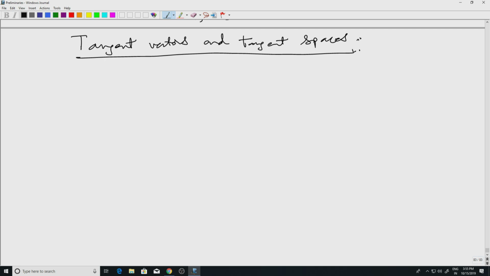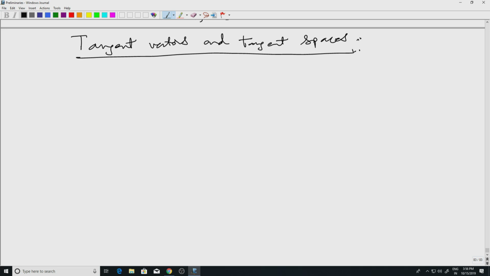So the way a tangent vector is defined, there are several possible ways of defining this. But whatever way one chooses, whatever definition one works with, a certain amount of abstraction is necessary, because the whole point is that when we say something is a manifold, the definition doesn't assume that whatever we have is a subset of Euclidean space.